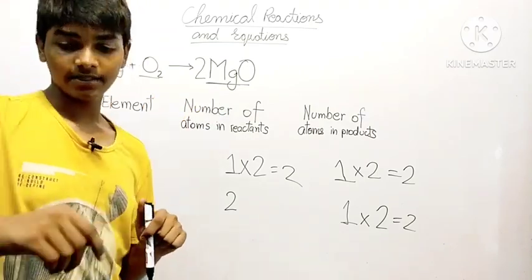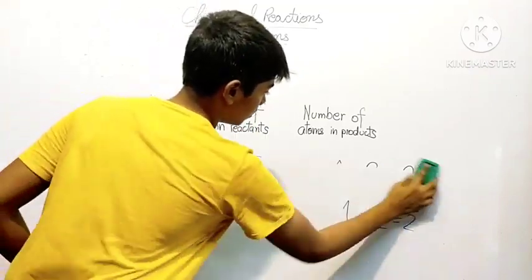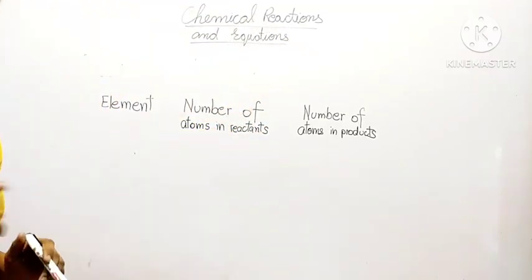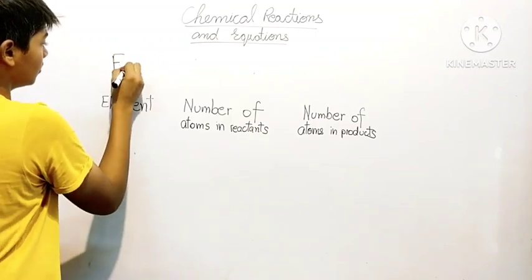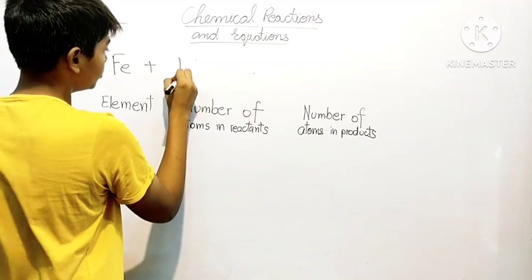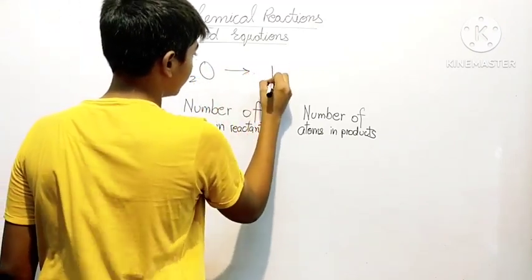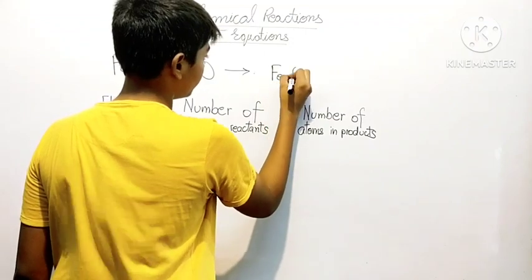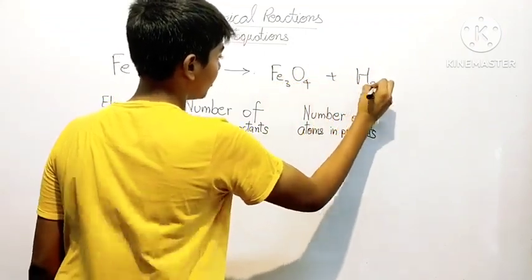Now let's take another example. Another example is Fe, that is iron, plus H2O, water, which gives Fe3O4 plus H2, which is hydrogen gas.